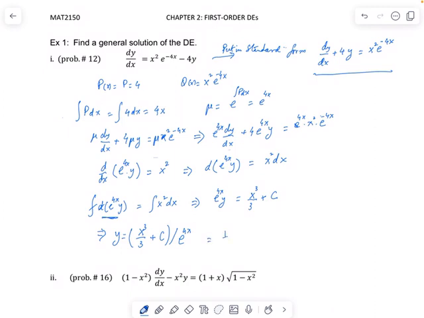Actually dividing by e to the 4x means multiplying by e to the negative 4x. So this will be your solution.